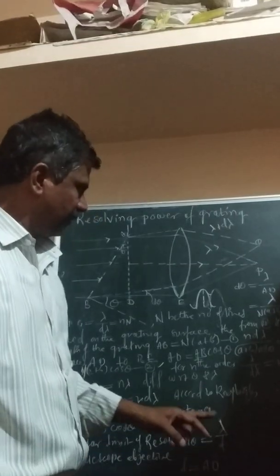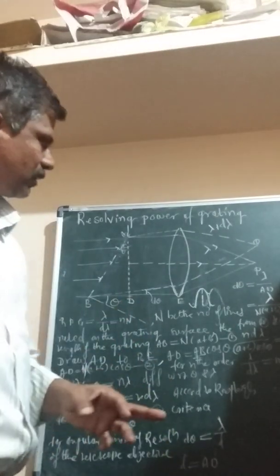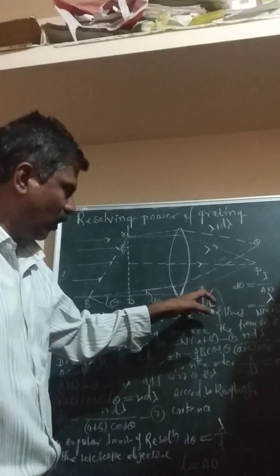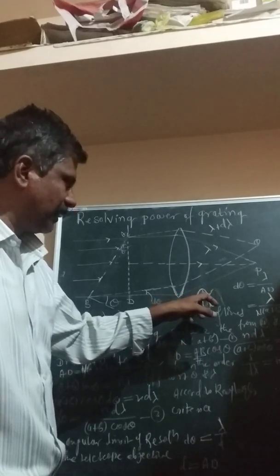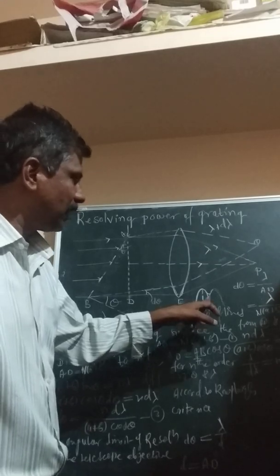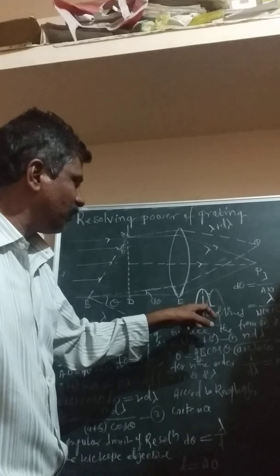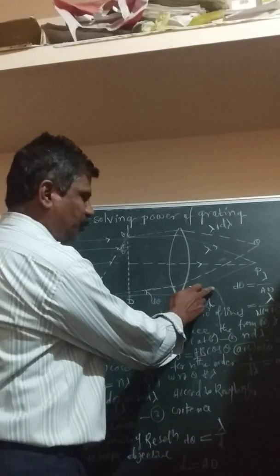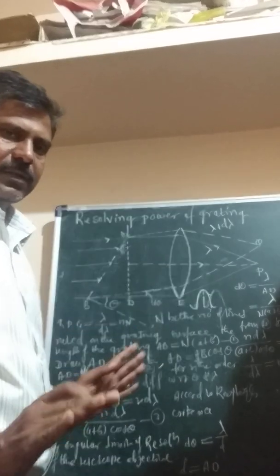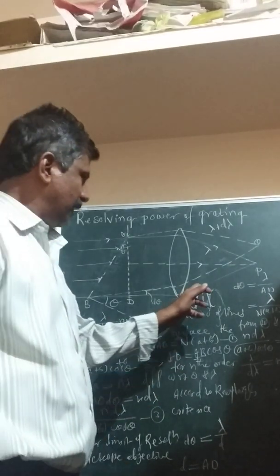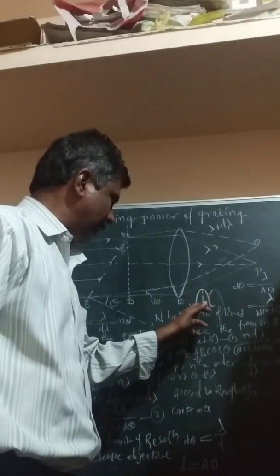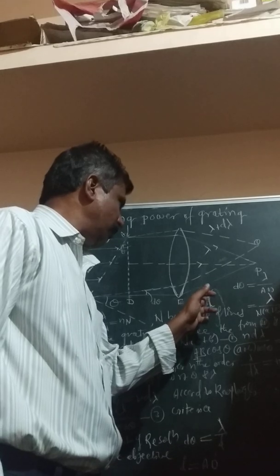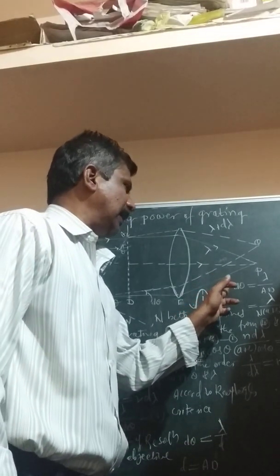According to Rayleigh's criterion, the two spectral lines are just resolved if the central maximum of the diffracted line of wavelength lambda coincides with the first minimum of the diffracted spectral line of wavelength lambda plus d lambda.